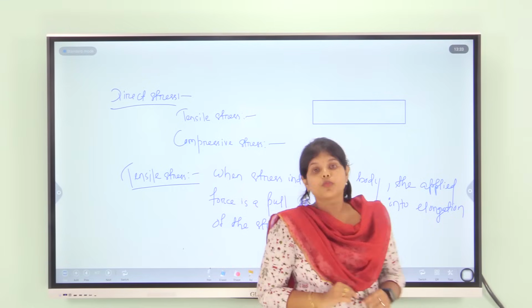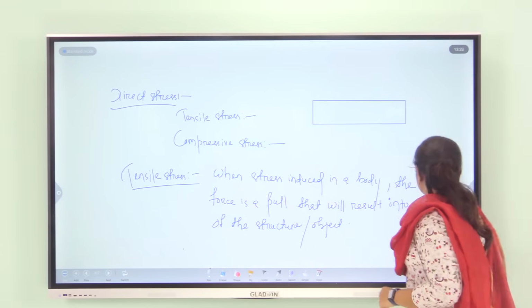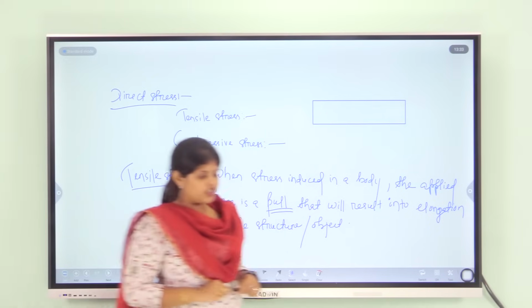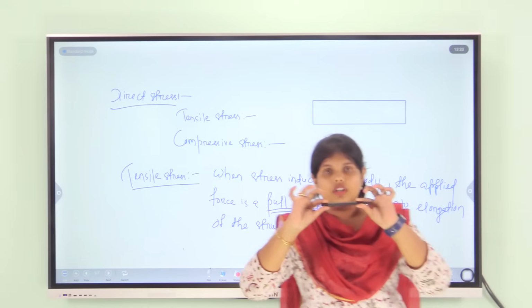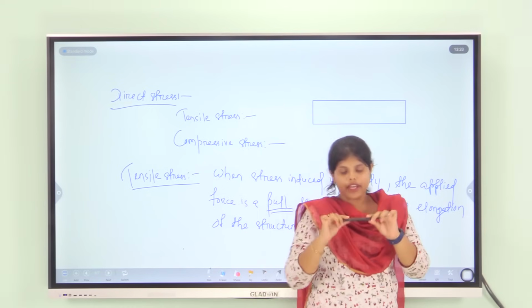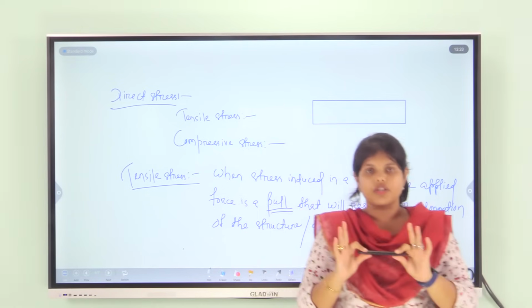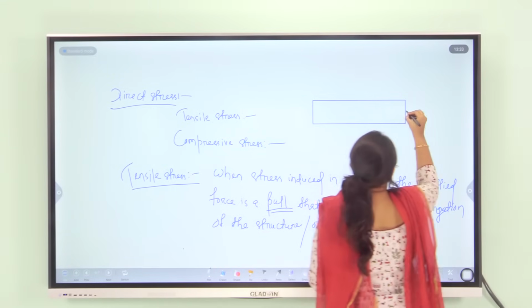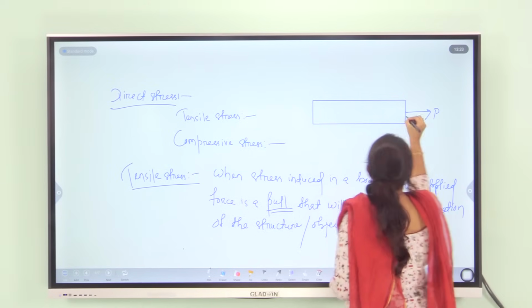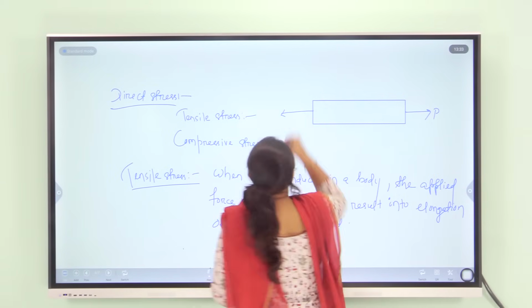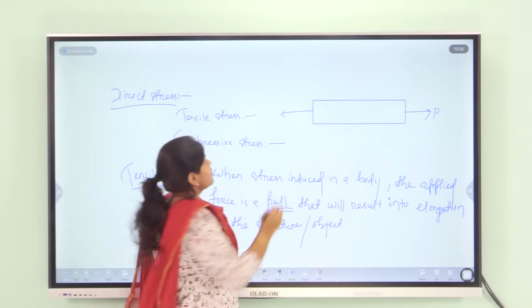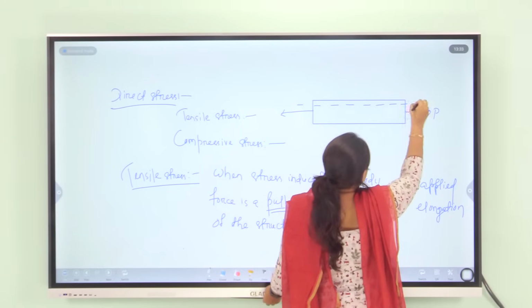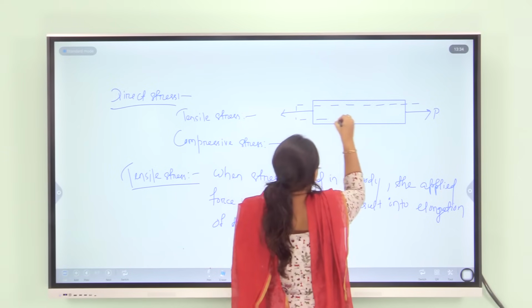Okay. What is pull force? Here the term pull is applied. Pull force is when we pull or apply some pull force on any structure. So, what will happen if the force P is applied on this structure? The structure will elongate in which direction? In the direction of length.